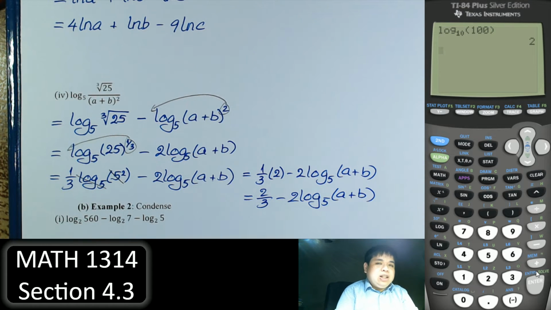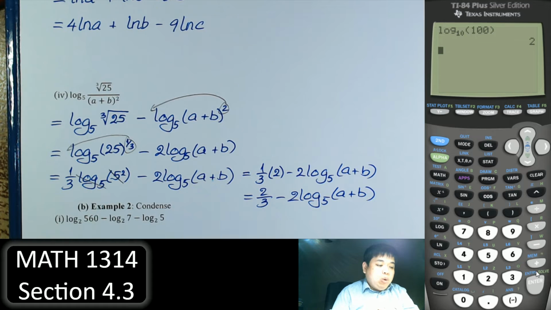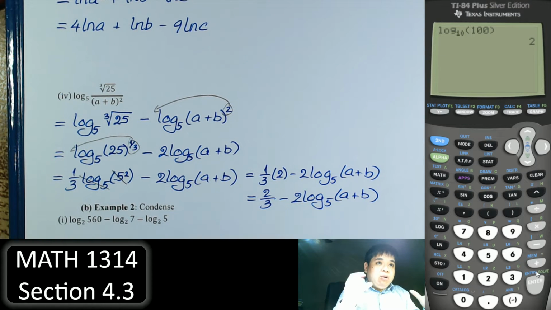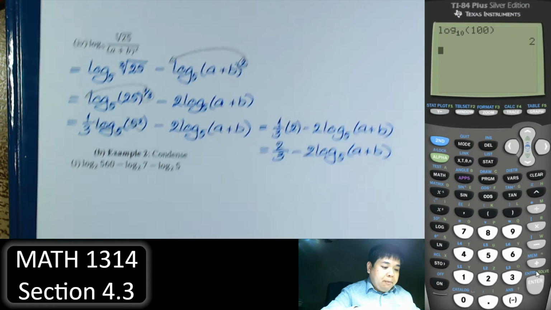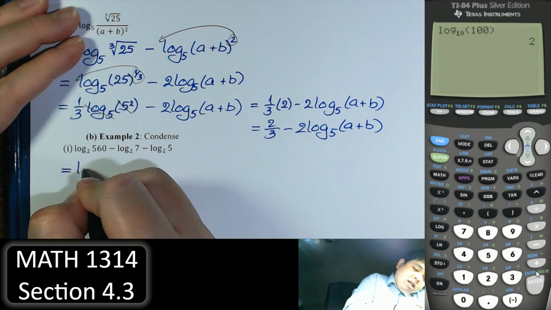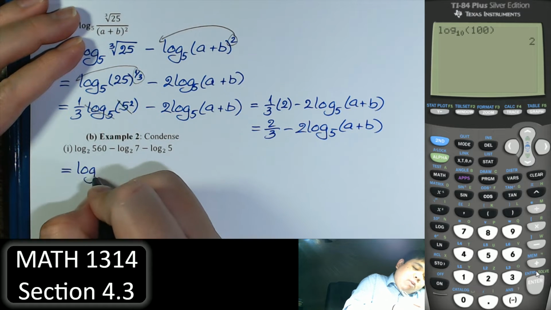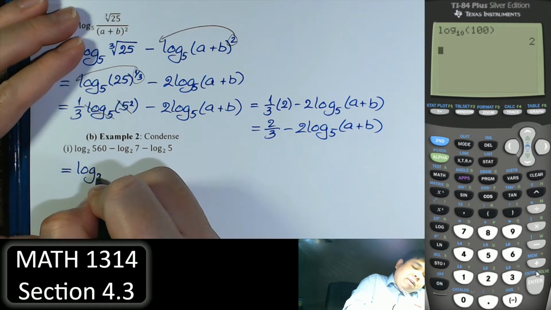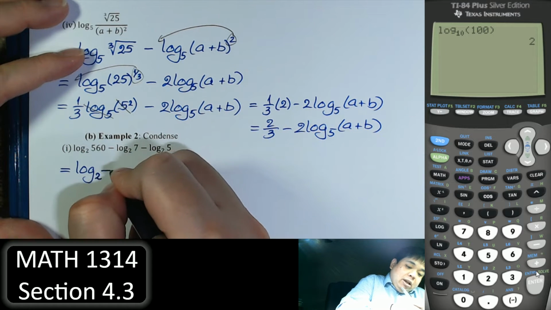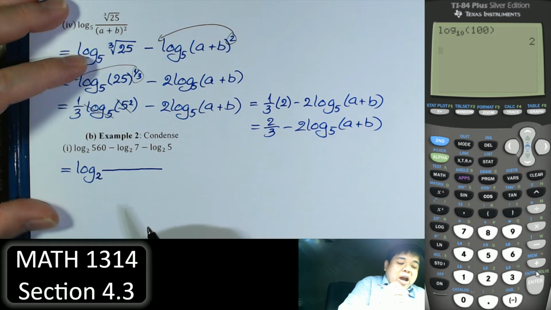Right, so that is called expanding. We have one big log, and we turn that into a bunch of little logs. Now we do it in reverse order. It's called condensing. We have a bunch of logs. Now combine that into one big log. So when we combine, it's the same rule. If it's on the top, it will have the positive coefficient. So the same thing, if it has a positive coefficient, it will have to be on the top.